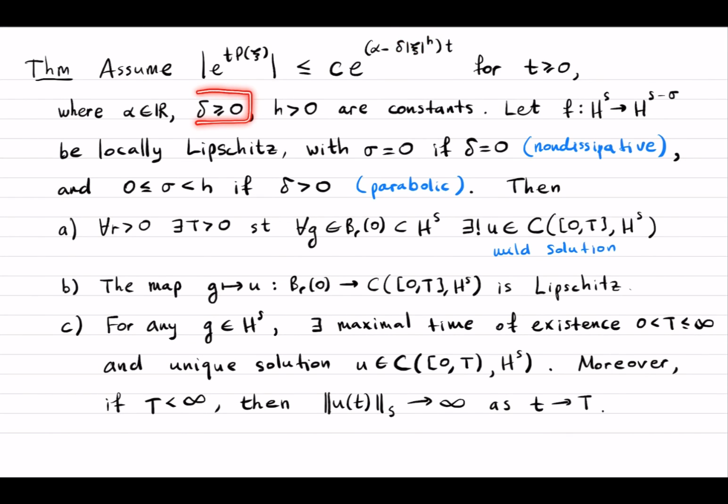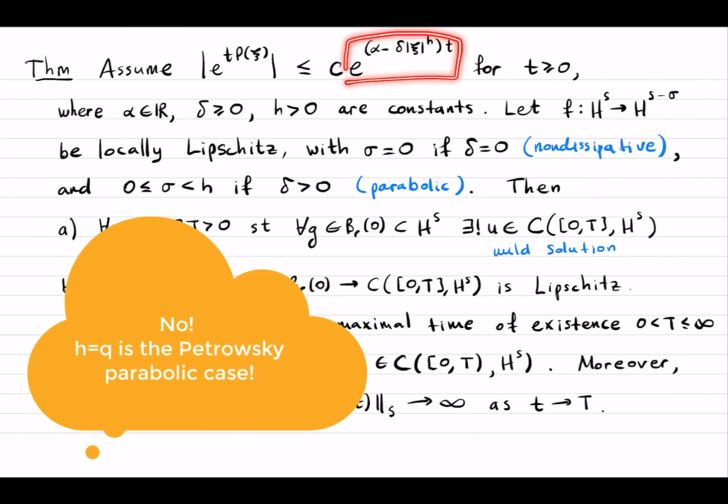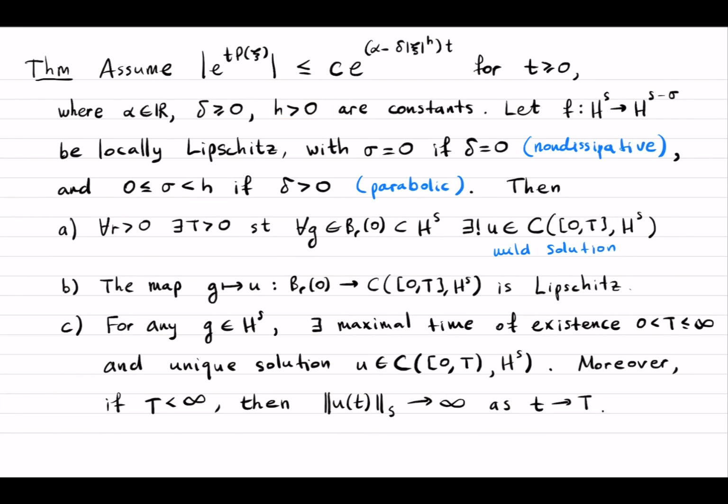Now, if delta is strictly positive, then this is the estimate that we have for parabolic equations. In particular, if h is equal to q minus 1, that is the Petrovsky parabolic case. And for general positive h, this is called the Shilov parabolic case.